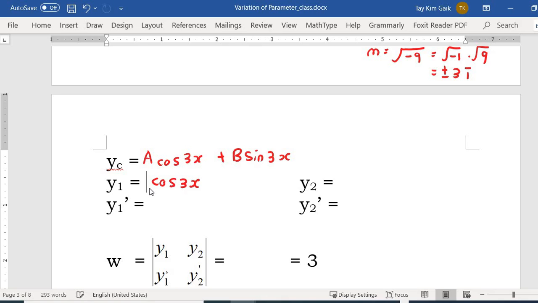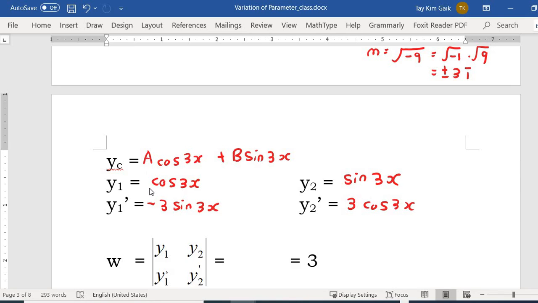Then y2 is sin 3x. And then y1 prime is the derivative of cos 3x, so you got negative 3 sin 3x. y2 prime is the derivative of sin 3x, you get positive 3 cos 3x.